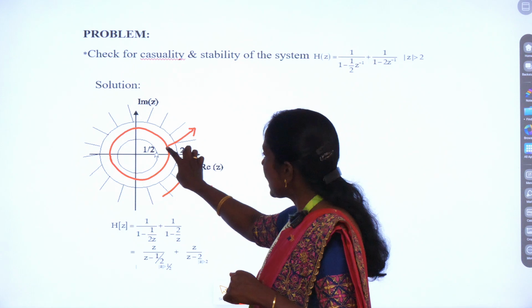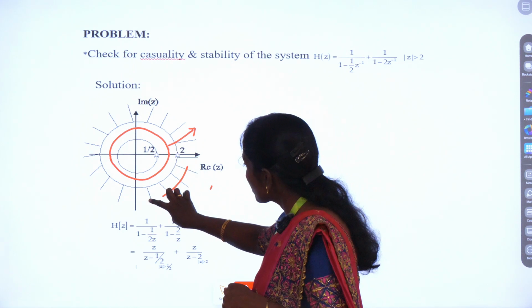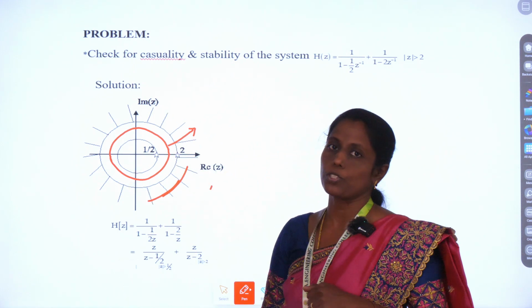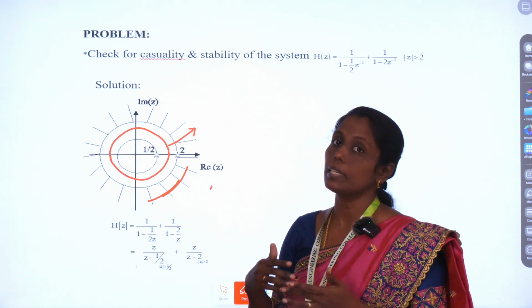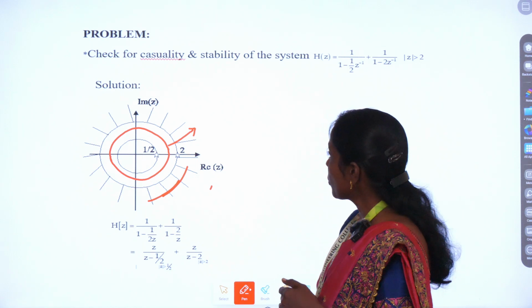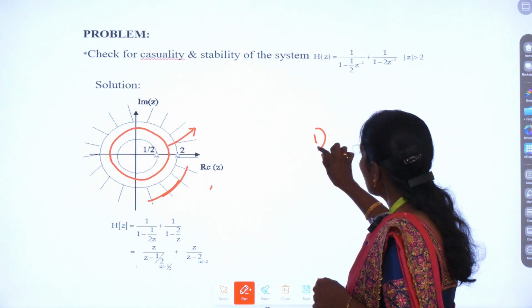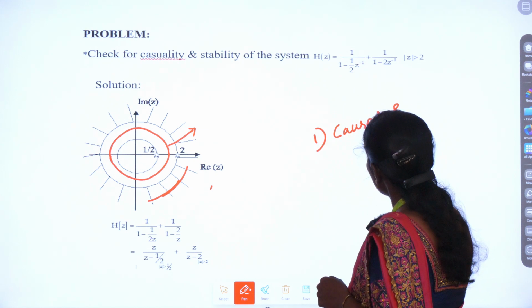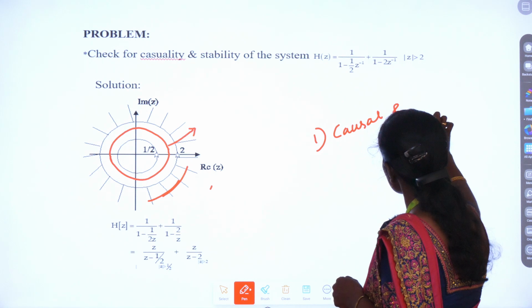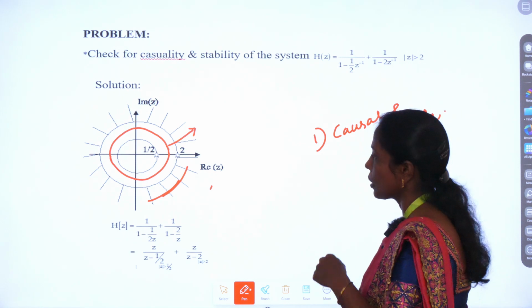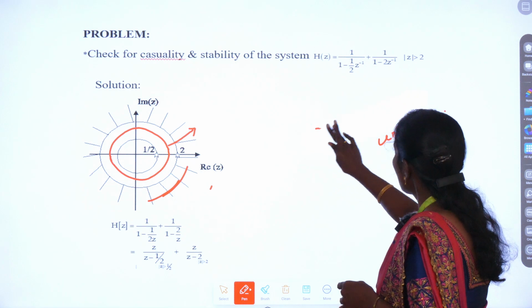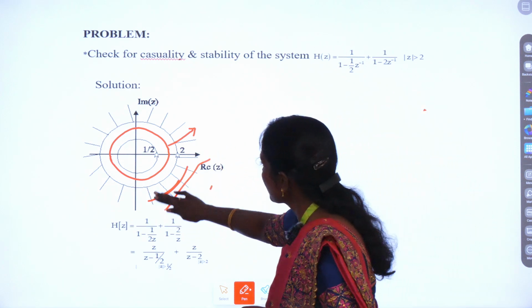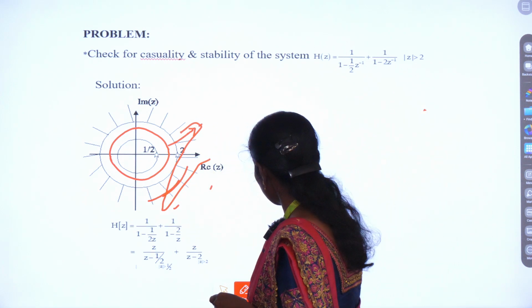Our unit circle lies here, but our ROC is in this position. So the system is an unstable system. So now what have you got? Our system is a causal and unstable system. Right? Okay. So now let us move on to the next slide.